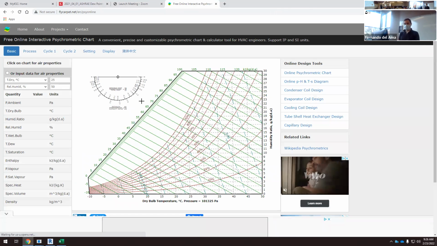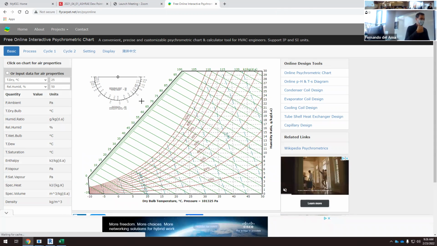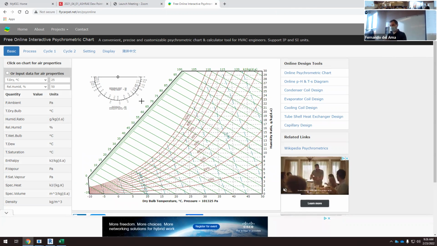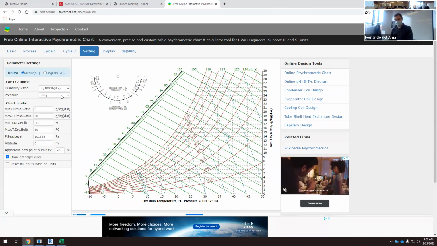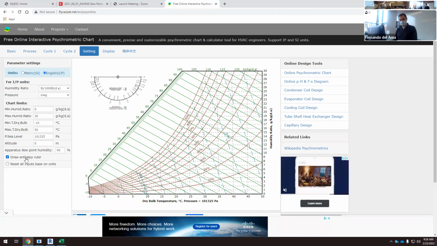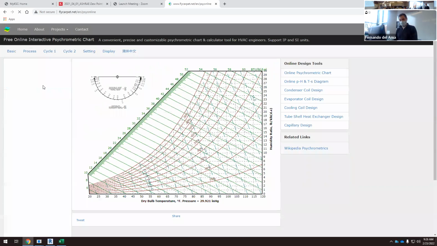Okay, so we have done this both in Building Science 1 and then in Systems. Remember that we have to set the units, English units, then reset values, submit.